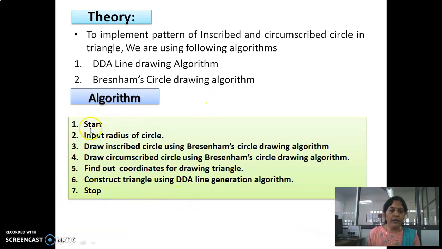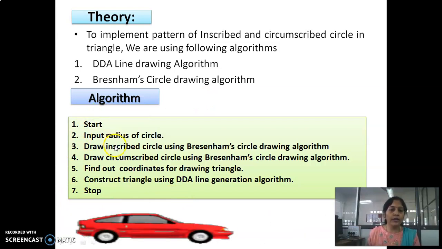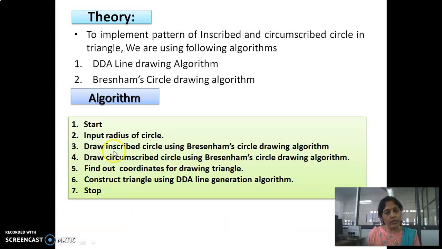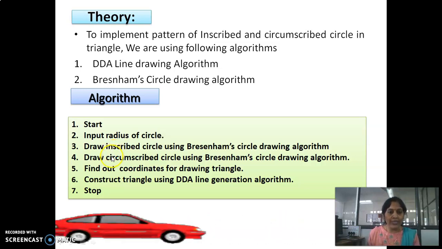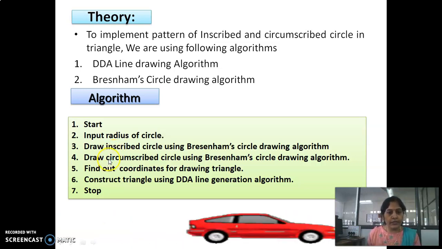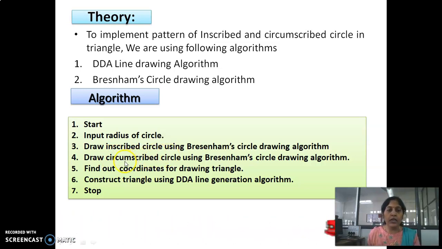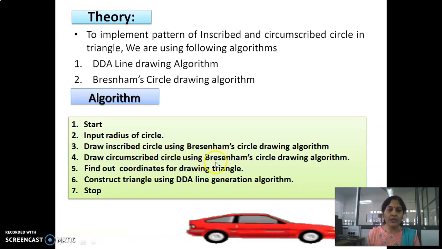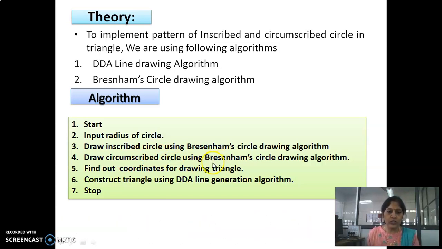First, start, and input the radius of a circle. Here we are taking the input of the radius of the inside circle and the outside circle. Then we draw these circles, the inscribed inside circle and the outside circle, by using the Bresenham circle drawing algorithm. We are applying this algorithm to draw these two circles.